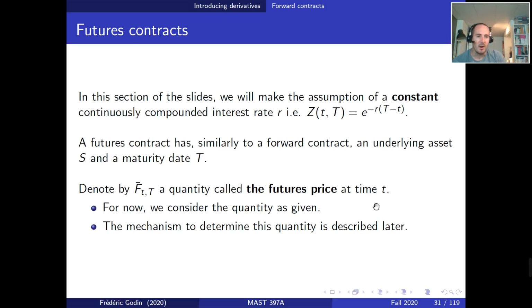We won't explain right now how it's determined, but in subsequent slides of this chapter, we'll provide a mechanism which will explain how this futures price is determined in practice.